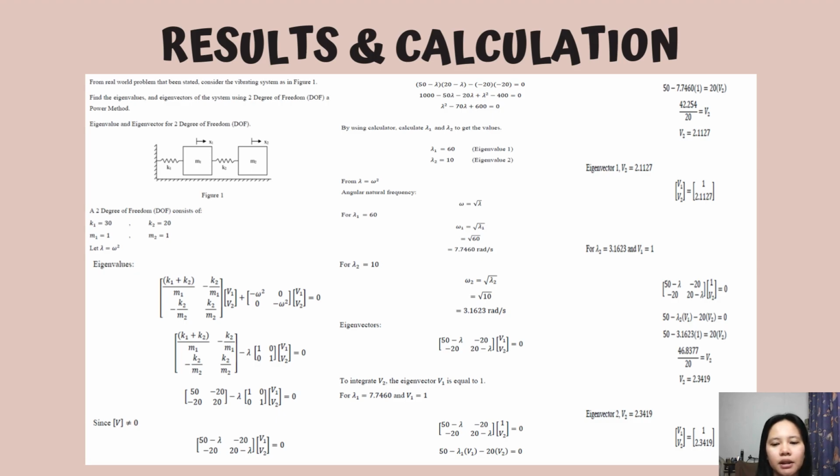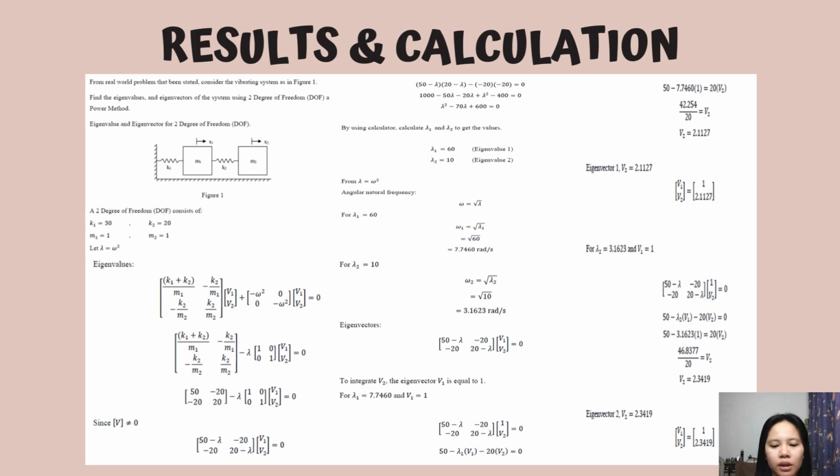Since matrix V cannot be 0, it can be simplified by expanding the matrix A minus lambda multiplied with the identity matrix, then multiplied by matrix V1 and V2 equals 0. By using Cramer's rule on matrix A itself, which is (50 minus lambda) times (20 minus lambda) minus (negative 20) times (negative 20) equals 0.